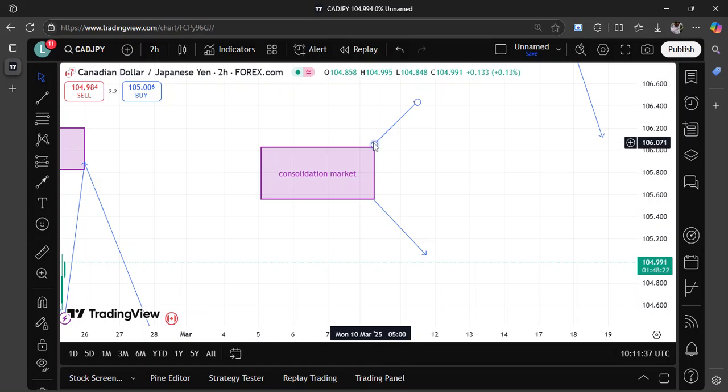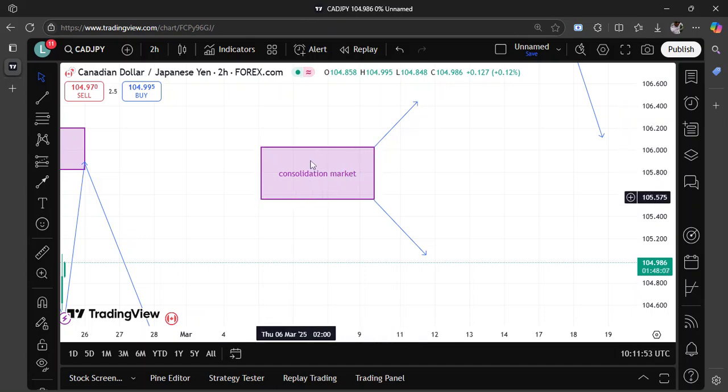That is why they said if it's consolidating, don't trade, because you don't know if this market will expand upwards or downwards, except when the market is stagnant inside an area of support or resistance. That's when you can predict the move.